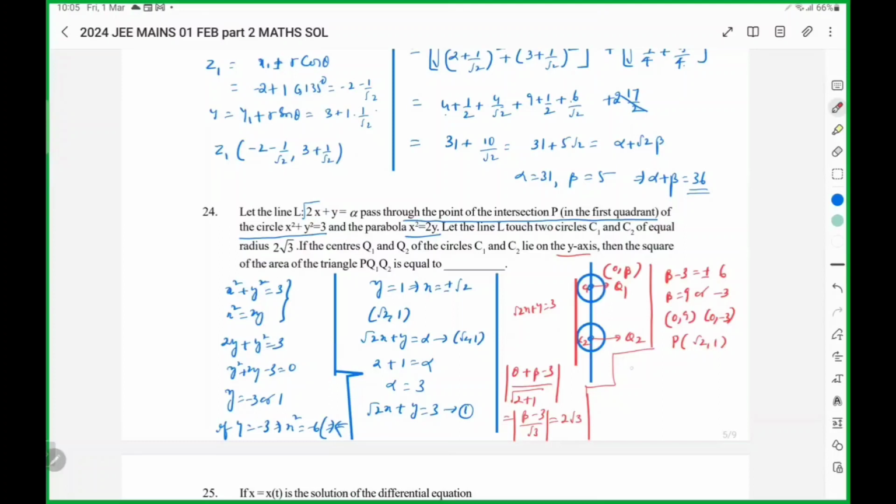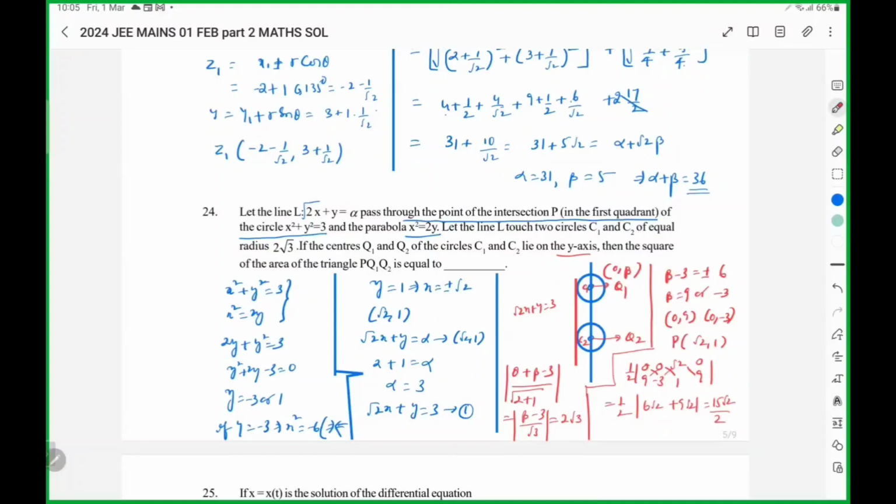So now the area of the triangle will be half into the determinant of 0, 9, 0; 0, minus 3, root 2, 1. Plus 6 root 2 plus 9 root 2, 15 root 2 by 2.